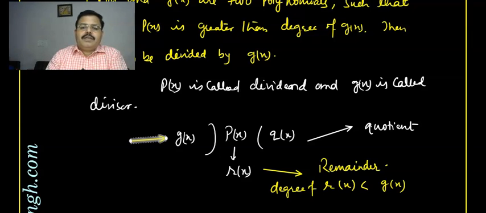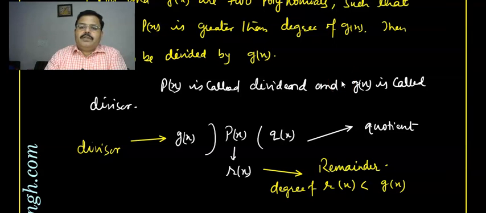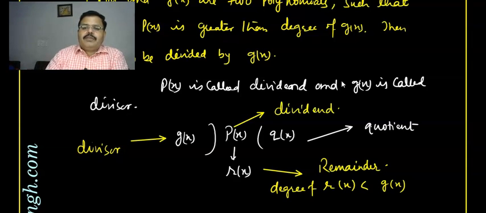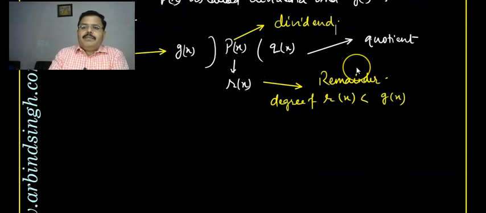As we had discussed, this one is called the divisor, and this one is called the dividend. Now the basic theorem is that the divisor multiplied by the quotient plus the remainder is the dividend.